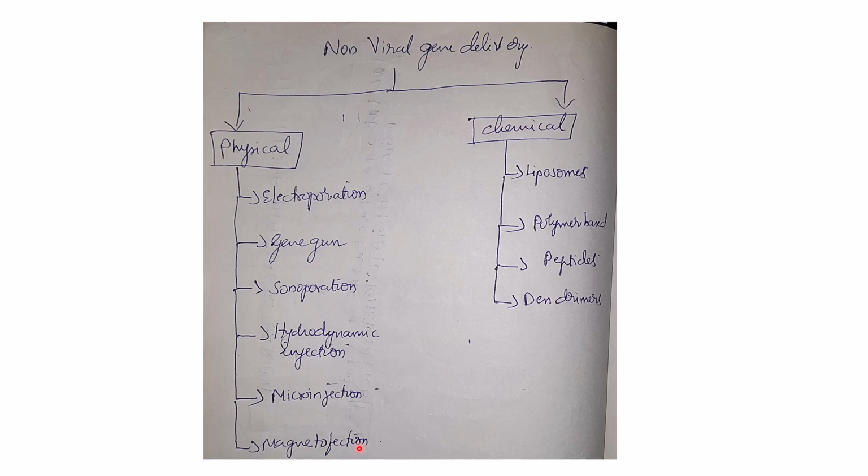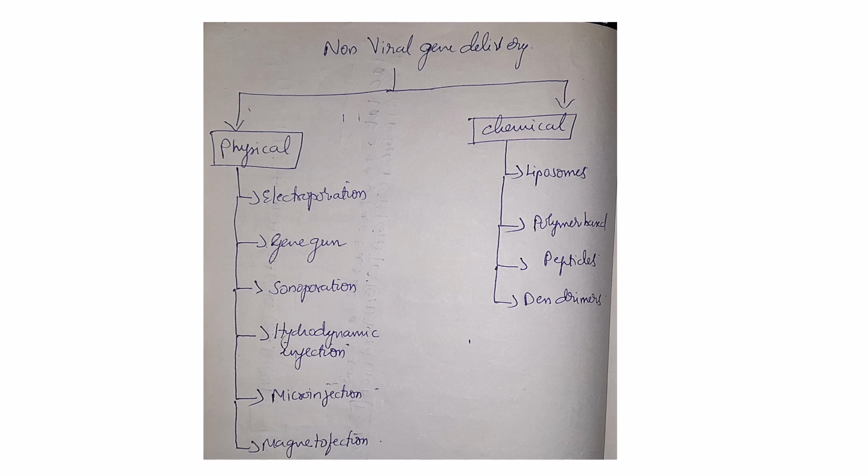So those are the two methods of non-viral gene delivery, that is physical and chemical methods. Viral gene delivery is through adenoviruses. Okay, usually adenoviral vectors are used.